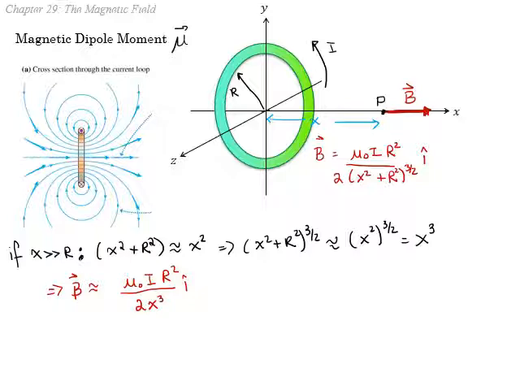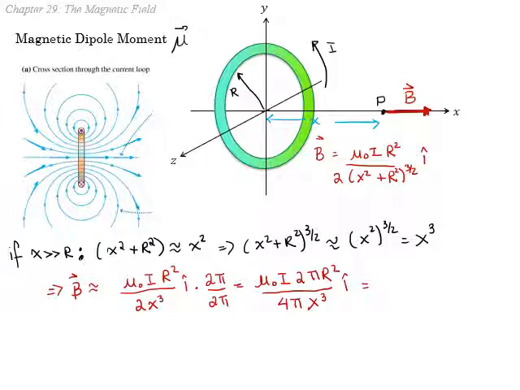Okay, let's do a little bit of math. I'm going to multiply by 1. So I'm going to multiply by 2 pi, and I'm going to divide by 2 pi. I'm just going to move that 2 pi inside, and put it in front of my r squared. I'm hoping that 2 pi r squared jumps out at you. And then 2 times 2 pi gives me 4 pi in my denominator times x cubed, and of course that's in the x direction.